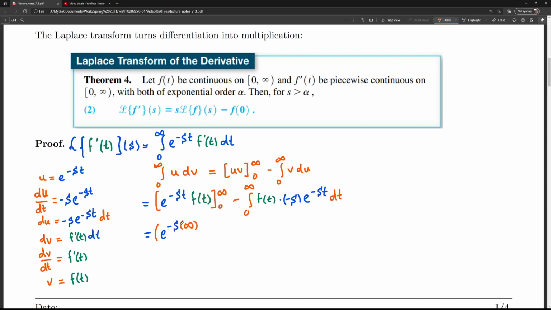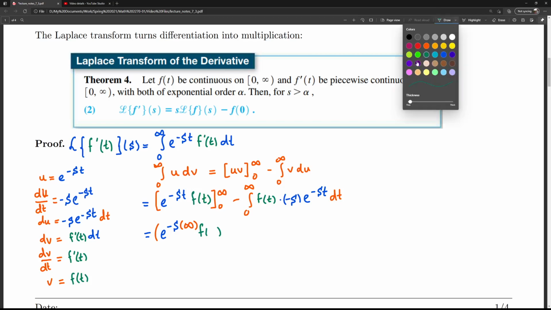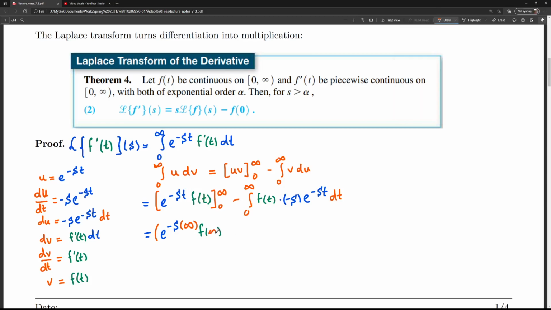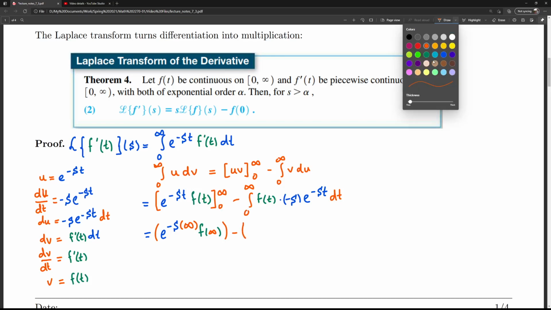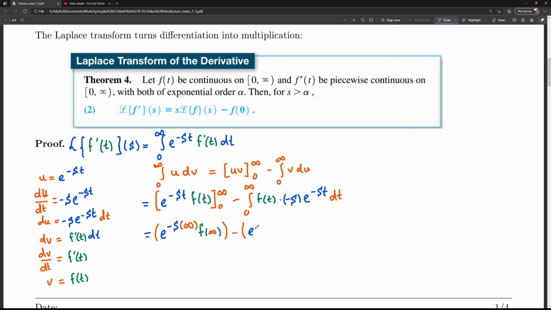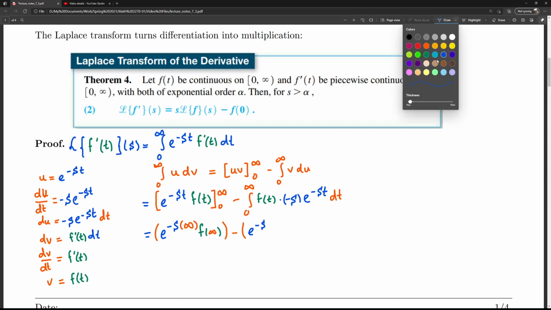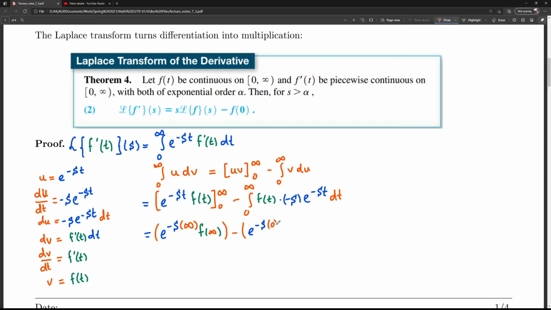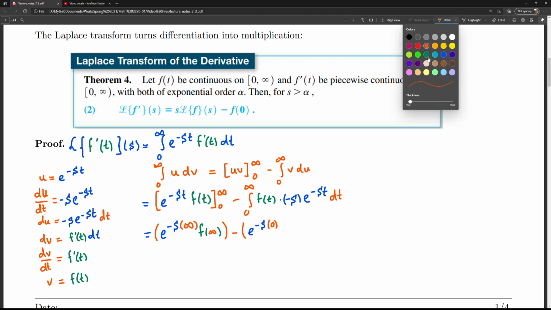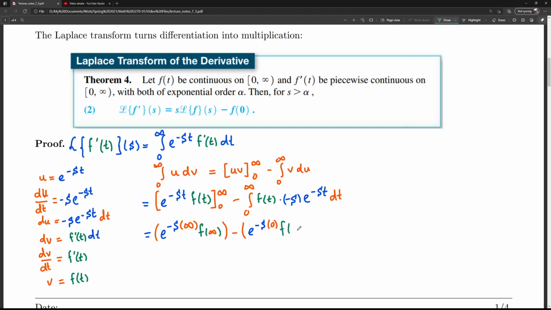So it's negative s times infinity, and then I'm plugging infinity into f. And then when I plug in 0, that's a lot more straightforward. I get e to the power negative s times 0, and then times f of 0.